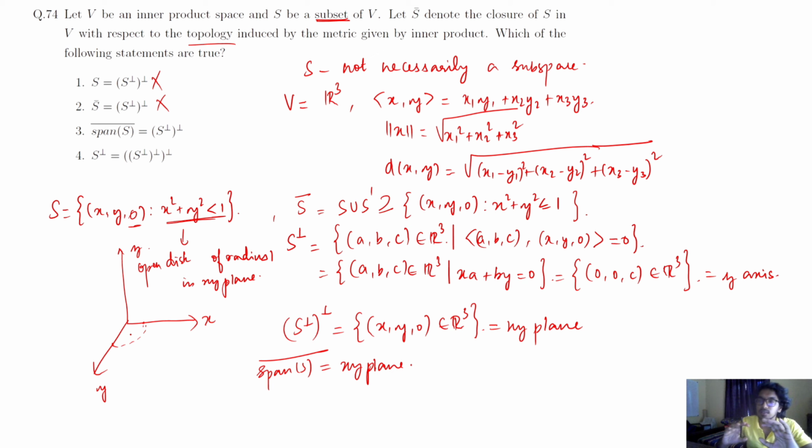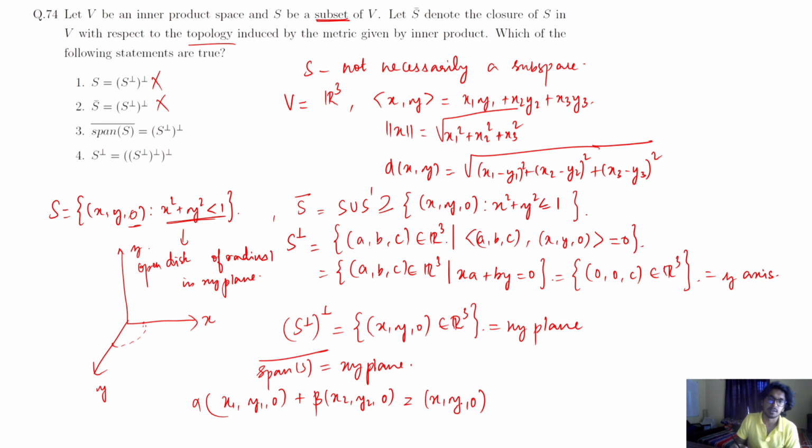In the disk you can arbitrarily pick any two points. If I choose x1 y1 0 plus x2 y2 0, this alpha and beta you can choose accordingly, so that this is some general point in the xy plane.